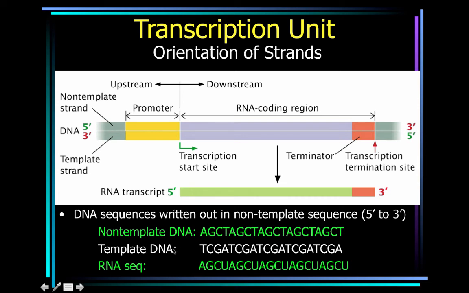The template DNA, which you can equate to the second strand in our figure here, is going to be the complement to that non-template DNA. Therefore, the RNA sequence is going to be similar to the non-template sequence, except U is going to replace T. So that's the easy way to remember this. The messenger RNA sequence is going to be very similar to the non-template DNA sequence. The only difference is that T is going to be replaced by U.